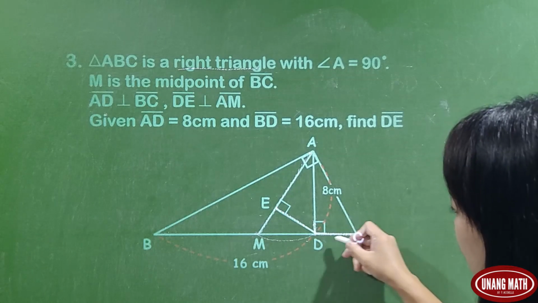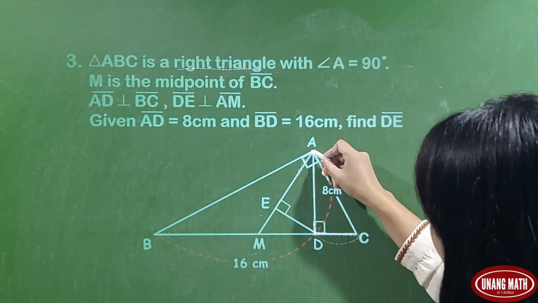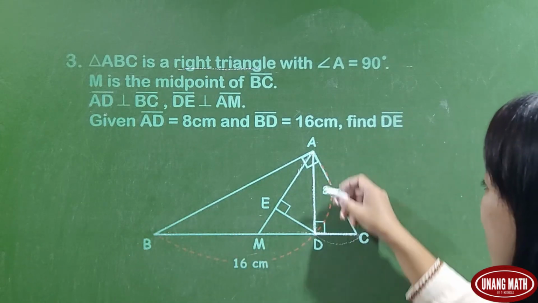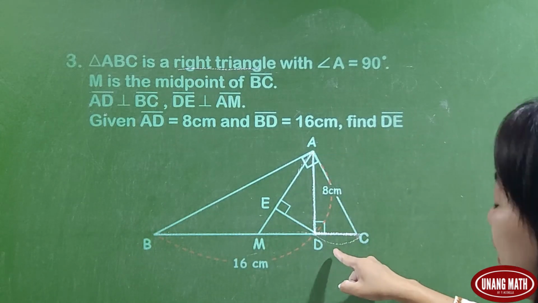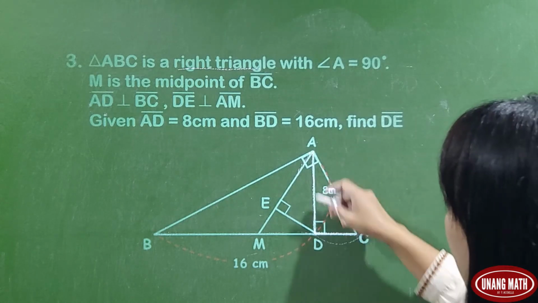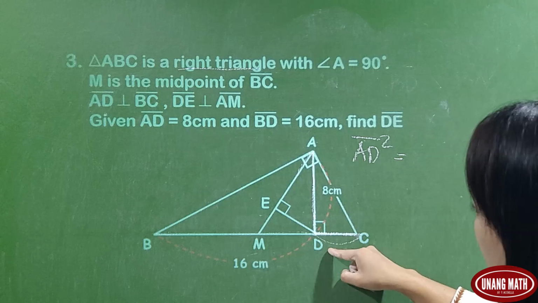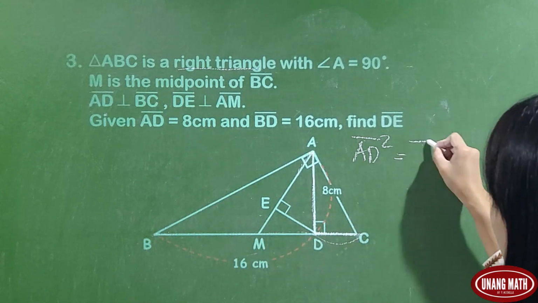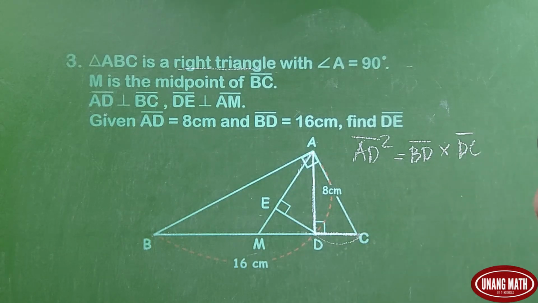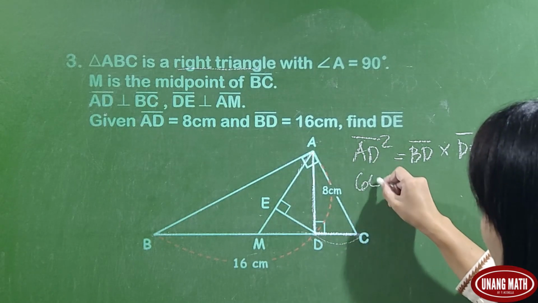What about the length of DC? It's possible to find the length of DC since this measure is given and this measure is given. To find the length of segment DC, AD squared is equal to segment BD times segment DC. AD is 8 centimeters, so 8 squared is 64.